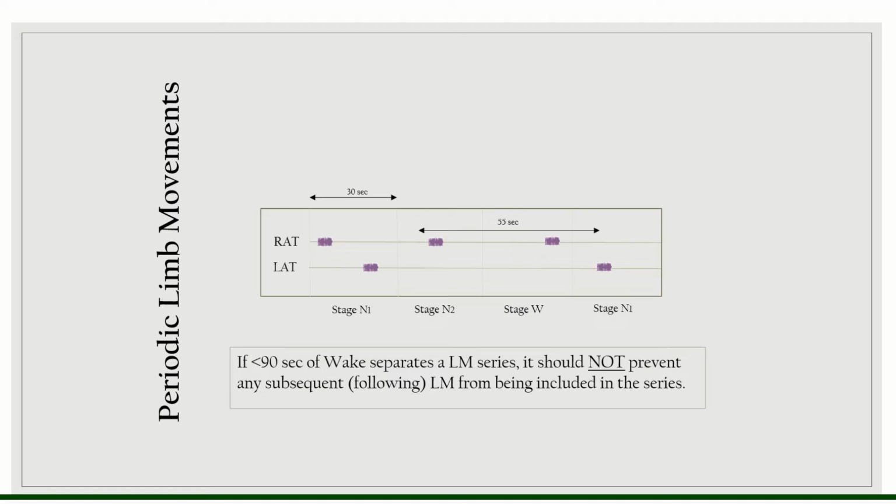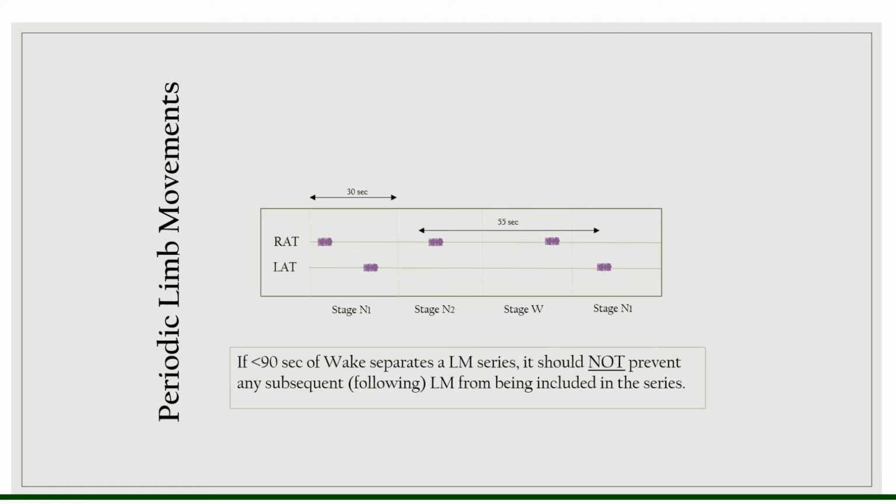Okay, we have what appears to be 5 leg movements. But do we count all 5 of them? Or do we count 4 or 3 or 2 or 1? How many do you think out of what we see will we count? The answer is that we have 4 leg movements.